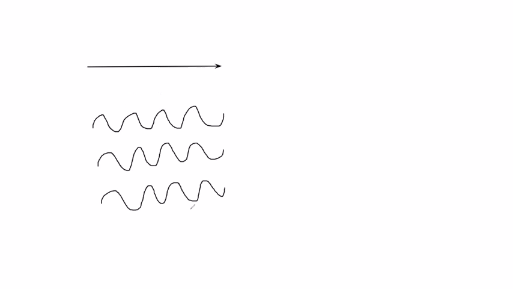So instead of drawing the waves, I can draw a wave front. What is a wave front? Wave fronts are basically imaginary lines which represent identical points of the waves.